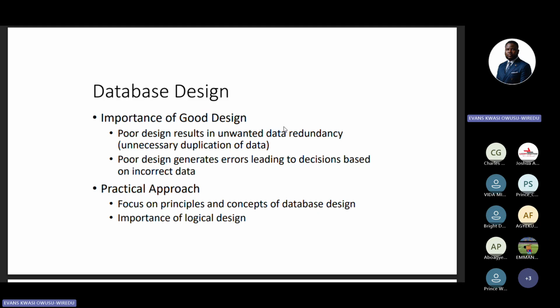Unnecessary duplication can also happen because when you duplicate details that are needed, it is obvious that you are taking much space because you are dealing with data, and data moves in sizes because you need a certain capacity to keep volumes of data.